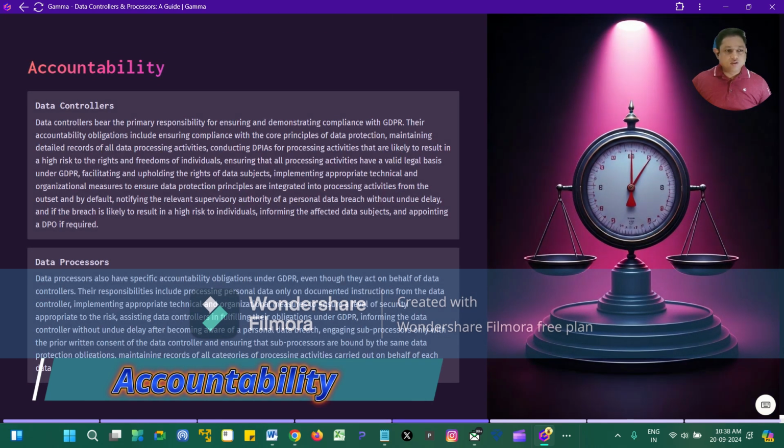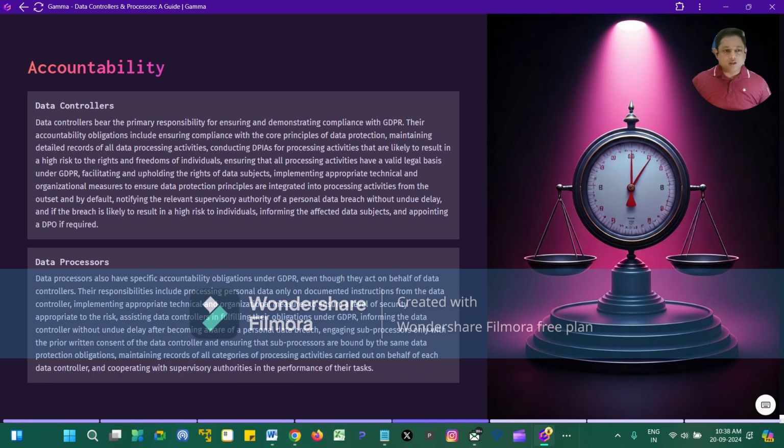Accountability. Data controllers bear the primary responsibility for ensuring and demonstrating compliance with GDPR.